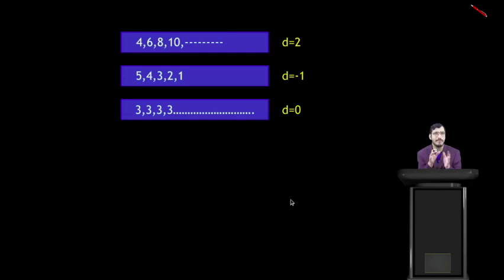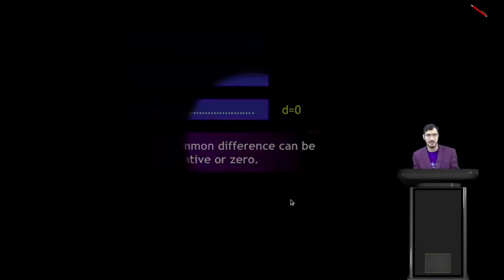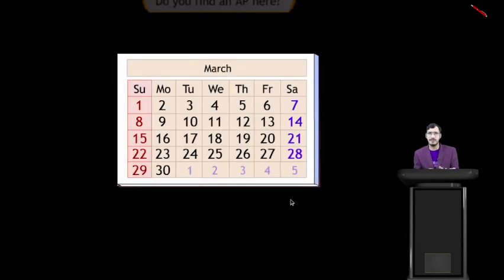In the second example 5, 4, 3, 2, 1, you can see the common difference is -1 here, and in the third example 3, 3, 3, 3, the common difference is 0 here.